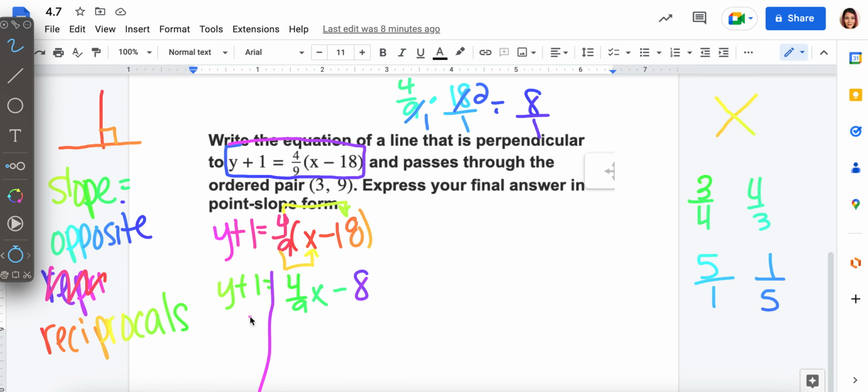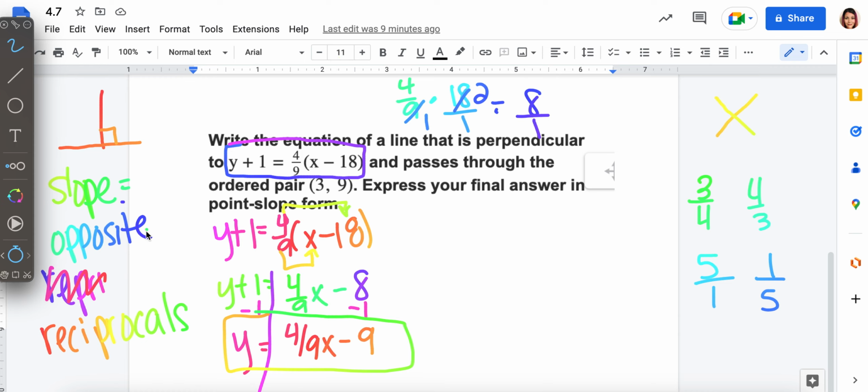So we want to isolate our y, so I'm going to subtract 1 from both sides. y equals 4/9 x minus 9. Because negative 8 minus 1, again, integer rules. We have to remember how to multiply, add, subtract, divide integers, positive and negative numbers. So y equals 4/9 x minus 9.